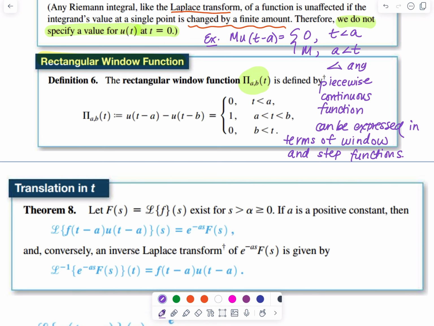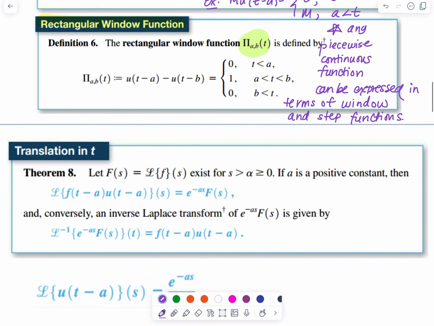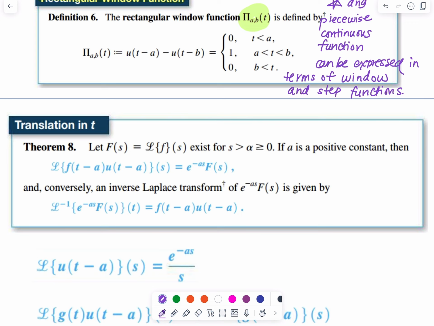Okay, how about translation in t? What happens if we multiply the Laplace transform of a function by e to the minus as? As you can see here, let capital F of s equal the Laplace transform of f, of course, for s greater than alpha, which is greater than or equal to 0.